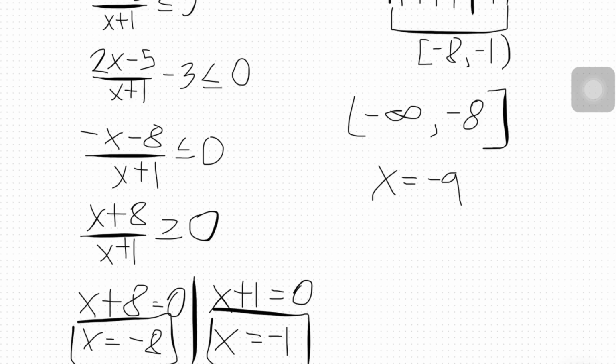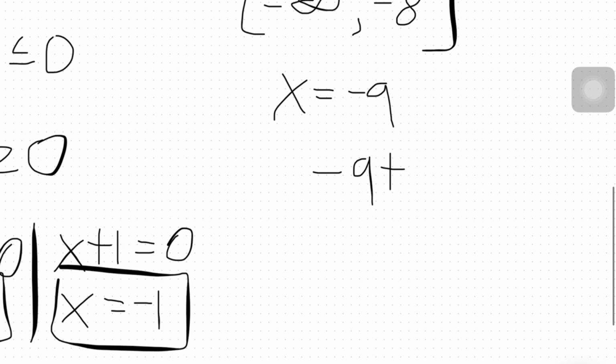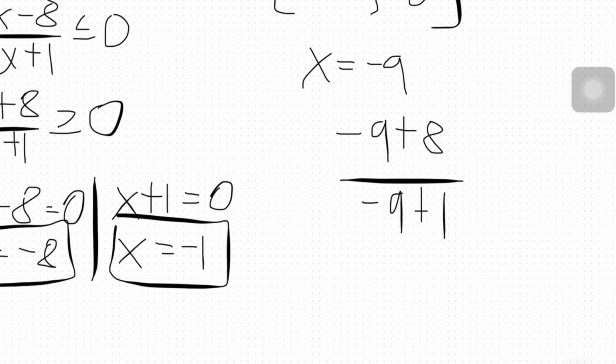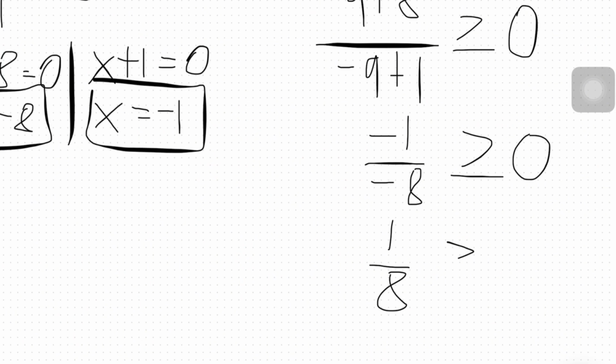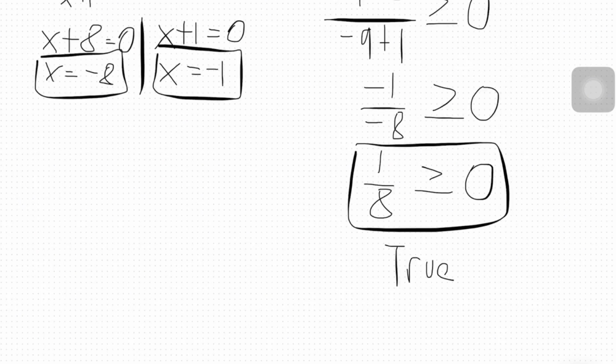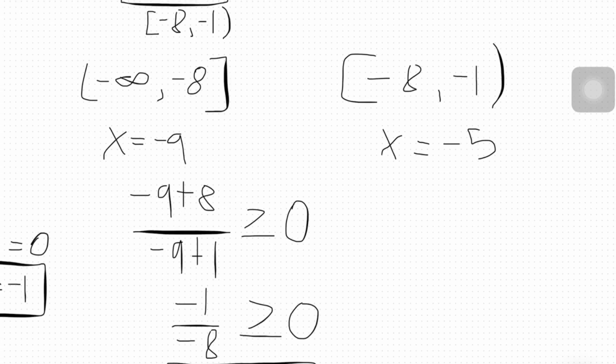In the first interval, I choose negative 9. And take note, you are going to substitute it in the simplified form of the equation. In the middle interval, I chose negative 5.